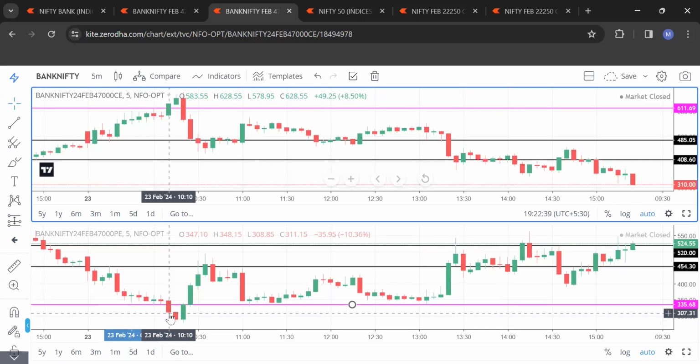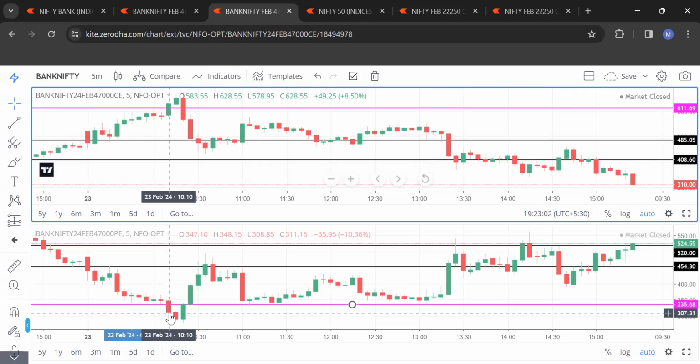Let's check what is happening here. Now see this line, 335.68. Let's get the cube root of 335.68, and that is 6.94.